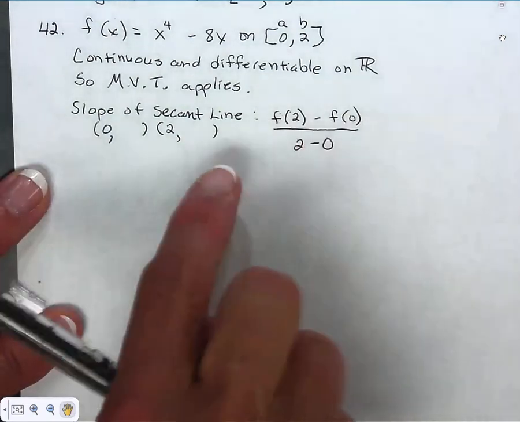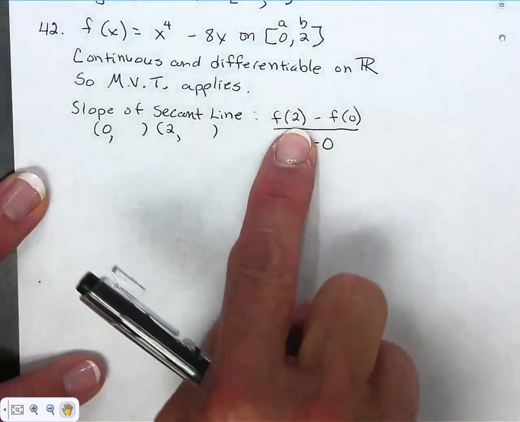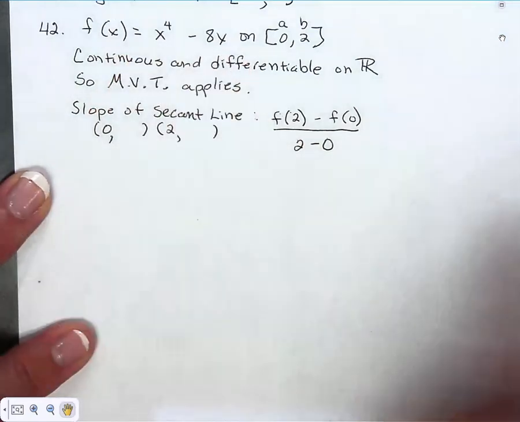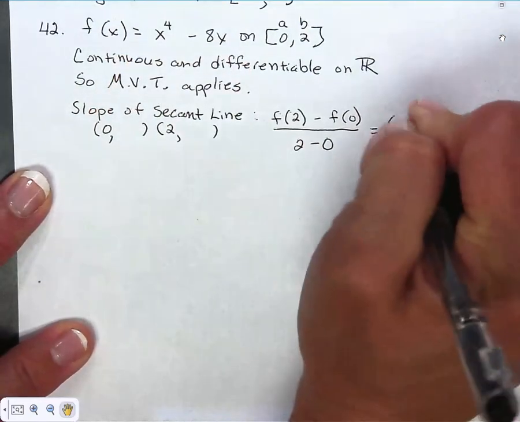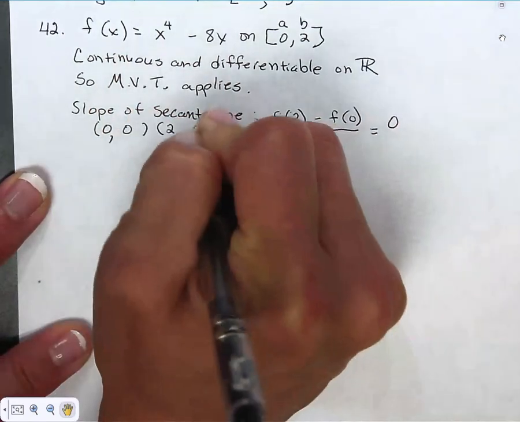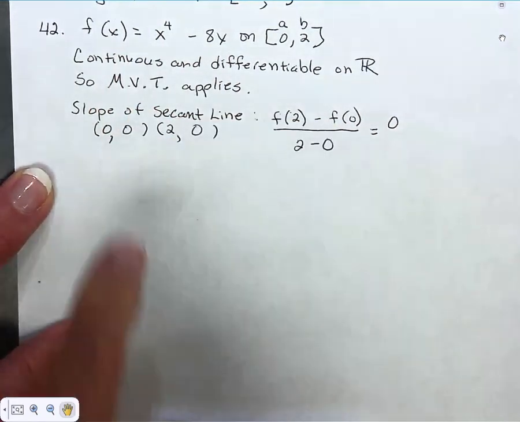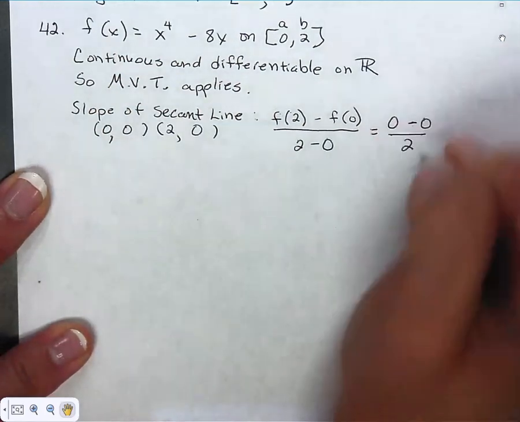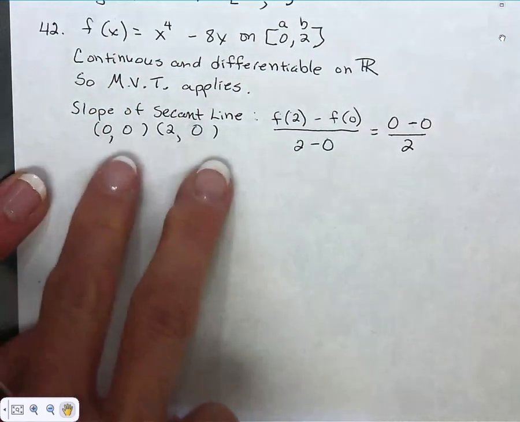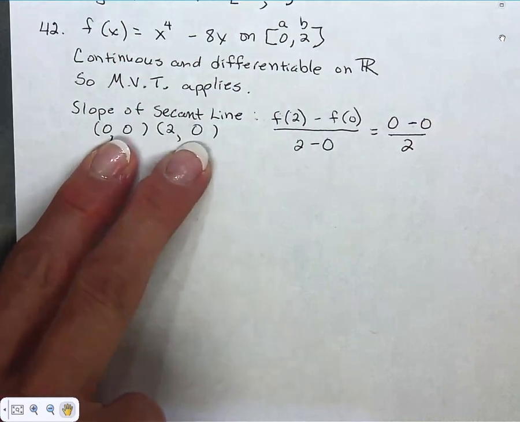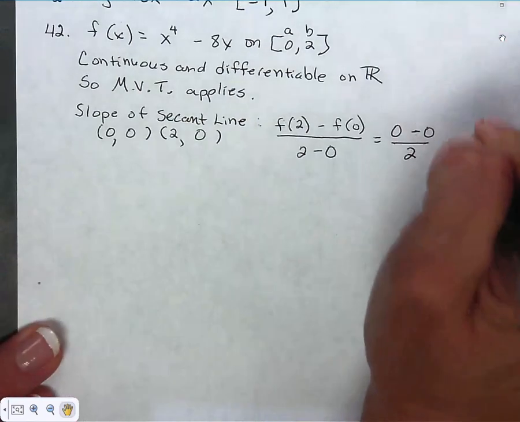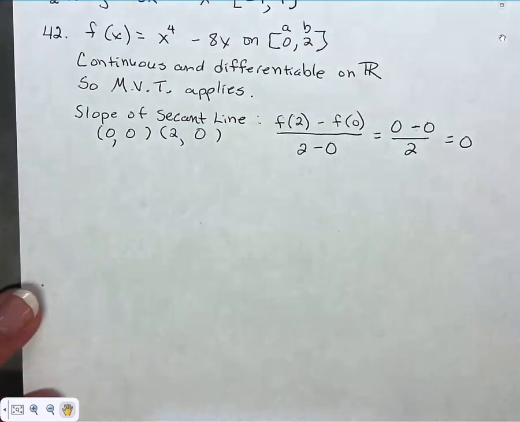So f of 2, if I let x be 2, then I have 16 minus 16, which is 0. And also if I let x be 0, I get y is 0. So the slope of the secant line between the points 0, 0 and 2, 0 is just 0.